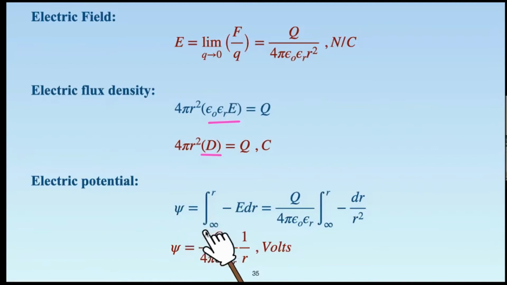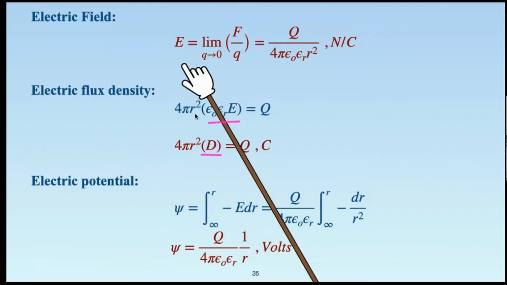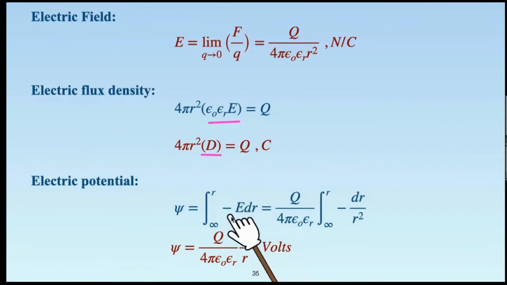So psi equals the integral from infinity to r of minus E dr, because you are moving against the electric field intensity. The test charge is moving against the electric field. That's why this has a negative sign. Work is done against the electric field, so minus sign. And Q upon 4 pi epsilon 0 epsilon r.